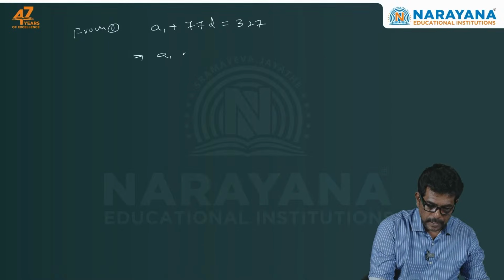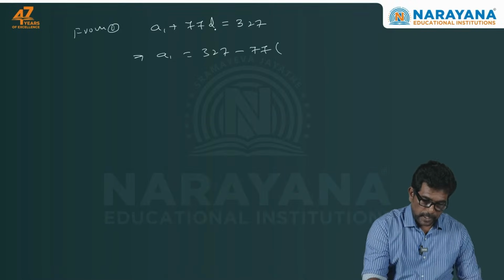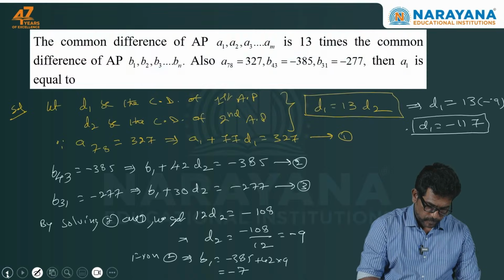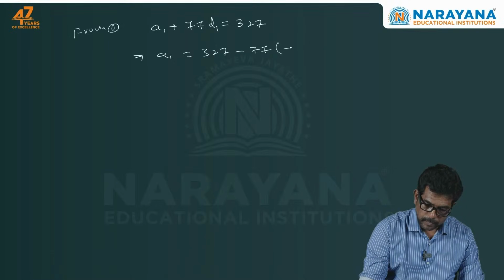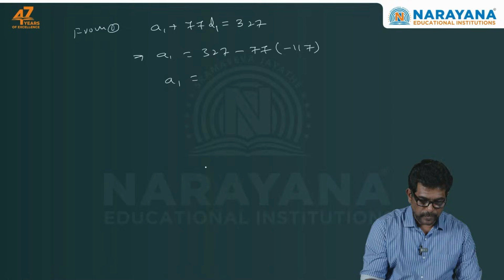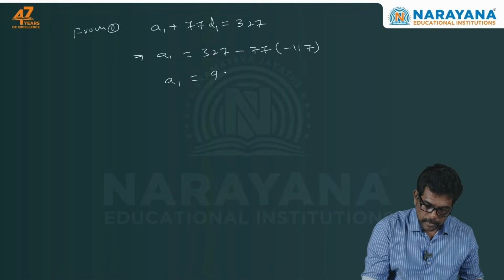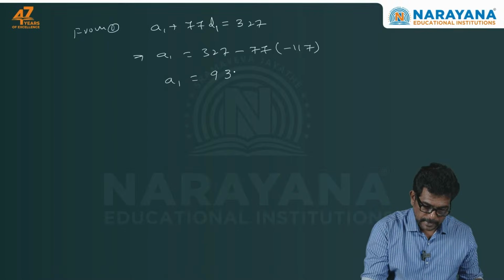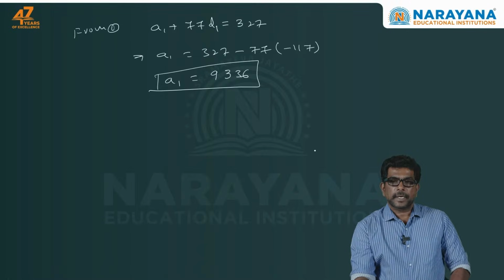Now from this, A1 is equal to 327 minus 77 into D1. We have the D1 value, D1 is equal to minus 117. Now you simplify, we get the A1 value. A1 is equal to, by simplifying this one, 9336. It is the A1.